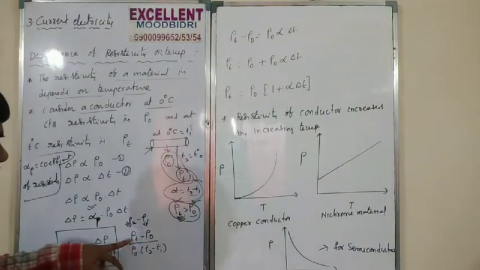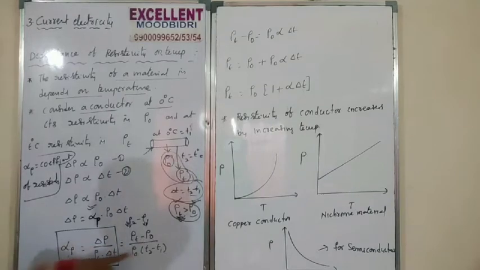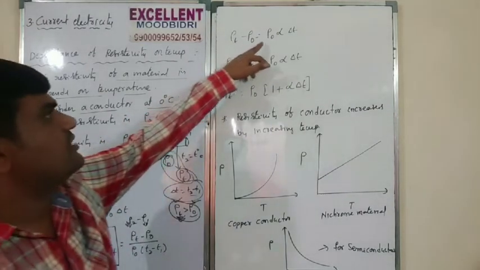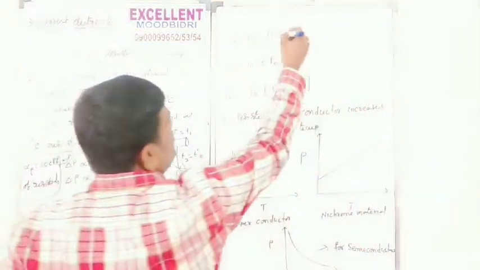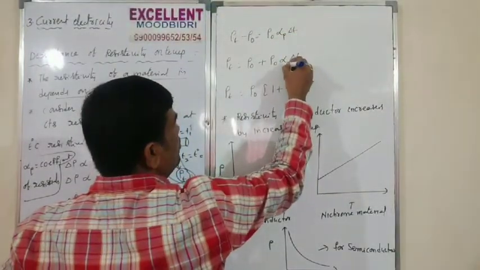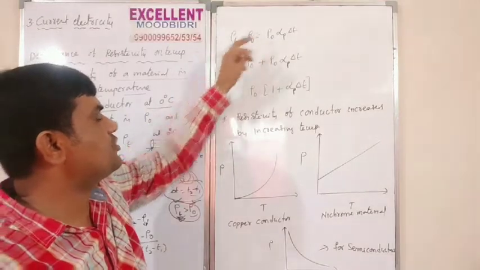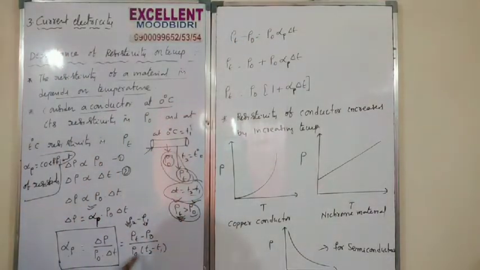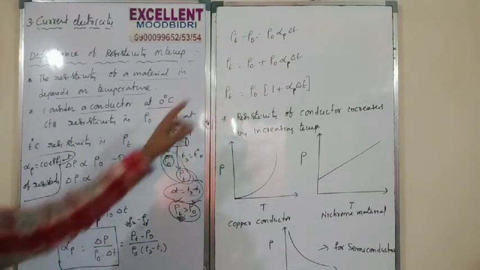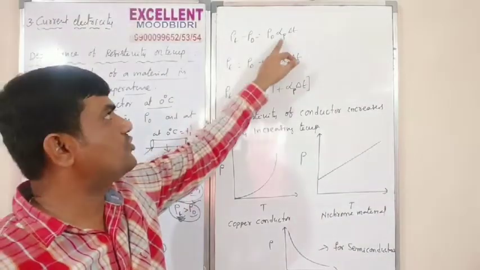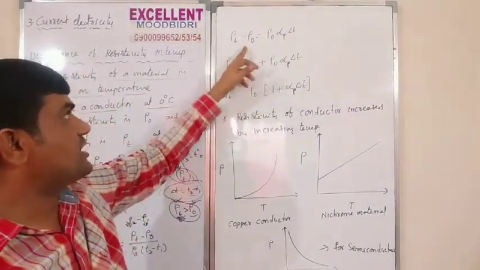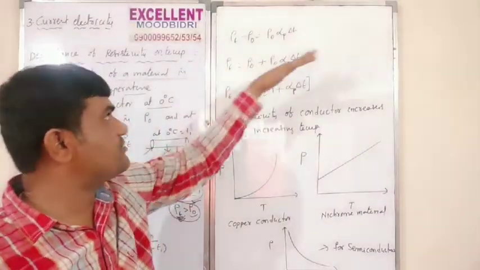Rho T minus rho naught is equal to this one, transfer this side. Therefore, rho T minus rho naught is equal to rho naught into alpha rho into delta T. Rho naught transferred to that side becomes plus only.